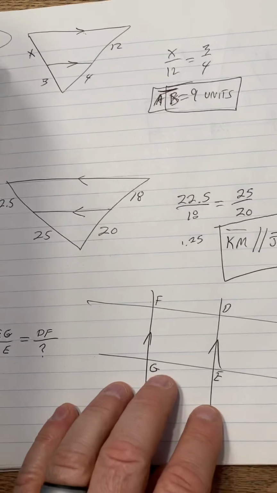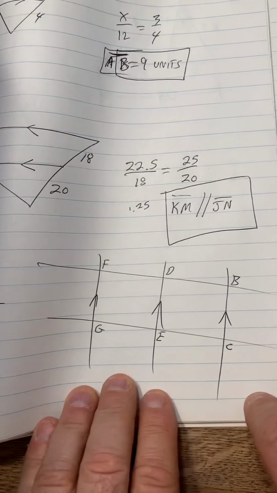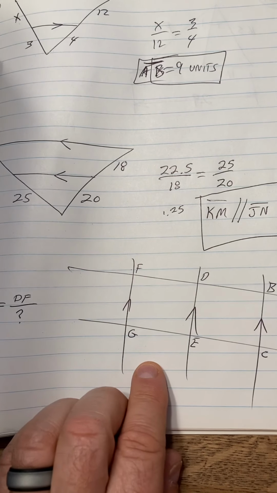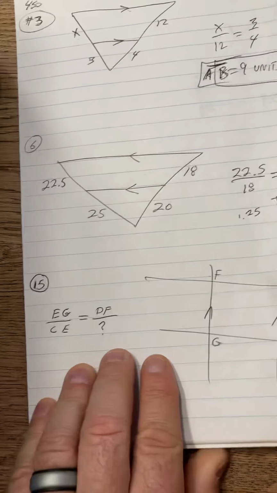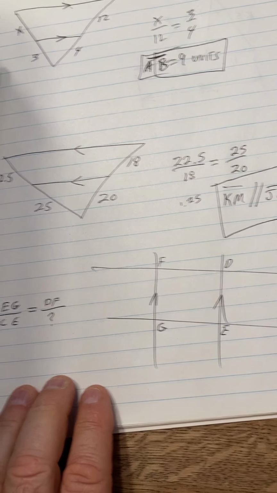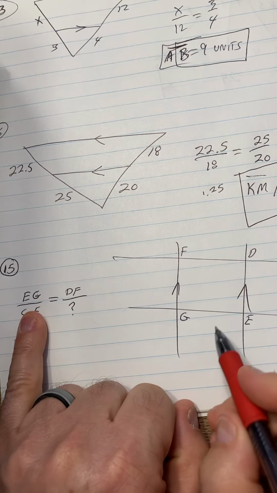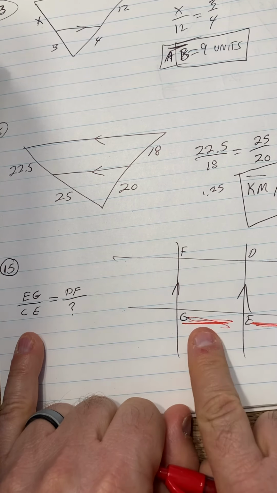Okay. Beautiful. Question number 15. We have this stuff drawn right here. And question 15 says, use this diagram to complete the proportion. So we have to determine EG. In this case, this distance from E to G over CE equals FD over what?